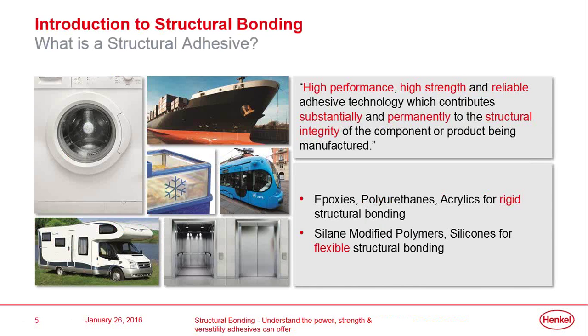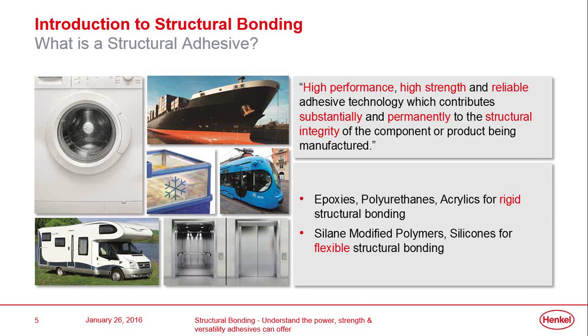It's quite difficult to define what a structural adhesive actually is, because one could argue that if you're using an adhesive to bond any parts together, then it's part of the end assembly. But we like to think of structural adhesives as being high performance, high strength, having really long-term durability and adding permanently to the structure.